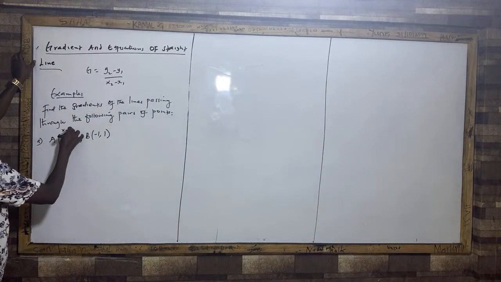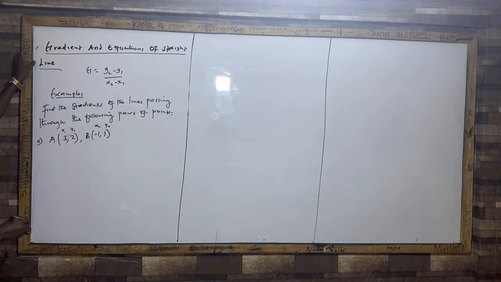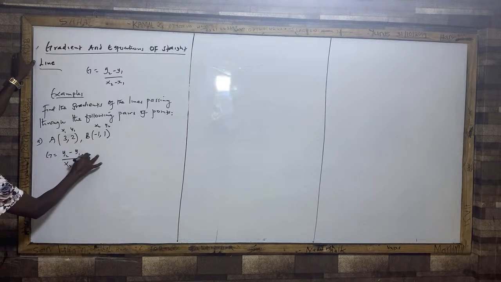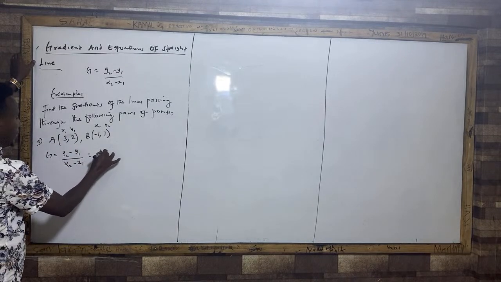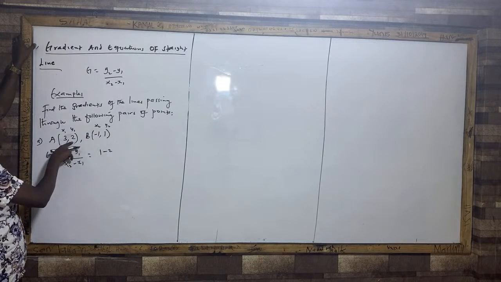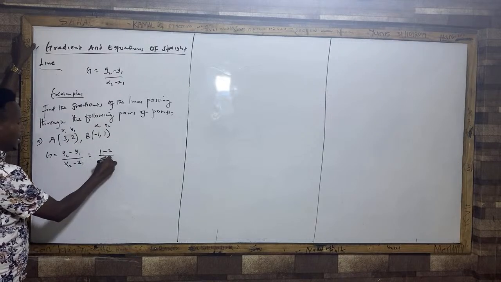We'll have x1, y1, x2, y2. So I'm going to say gradient g is equal to y2 minus y1 divided by x2 minus x1, which is equal to 1 minus 2. Remember your y2 is 1, and y1 is 2, divided by x2, negative 1, minus 3.